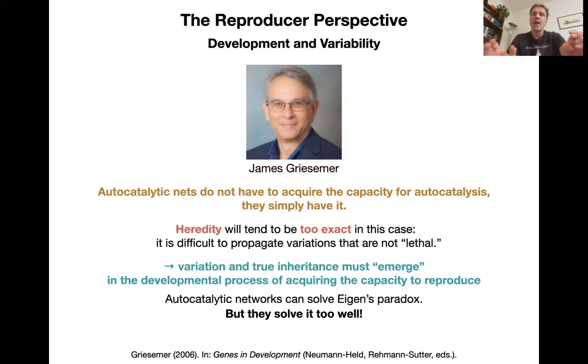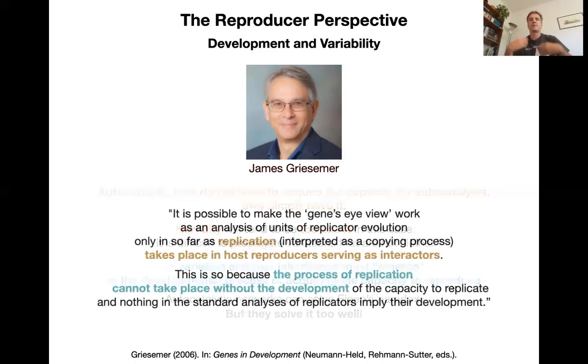So you need this as a precondition for natural selection to even occur. So it's absolutely fundamental. There is no distinction between proximate and ultimate explanations here. You need this proximate process, development, to get ultimate processes like evolution to work in the first place. And this is, again, a recurring topic in this course.